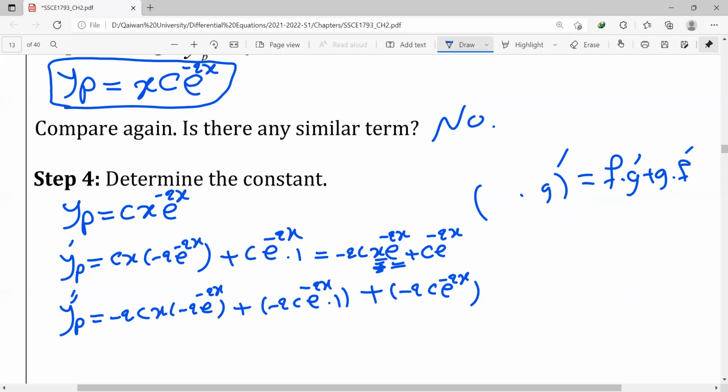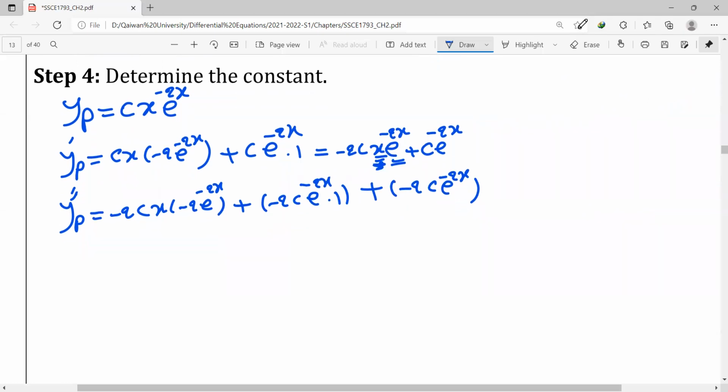Now, let's simplify this. We say y double prime of p equals minus 2 times minus 2 is 4cx e to the power minus 2x plus. Here we have minus 2 times 1, which is minus 2, minus 2c e to the power minus 2x.